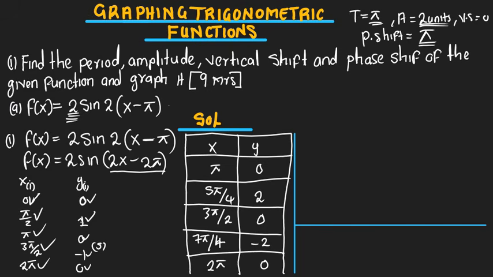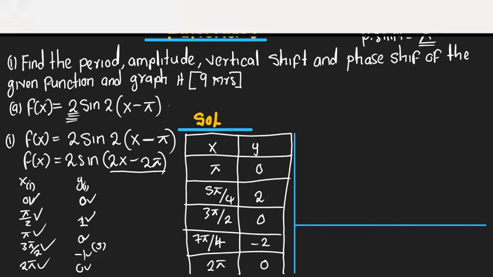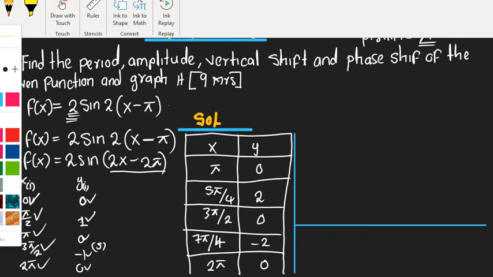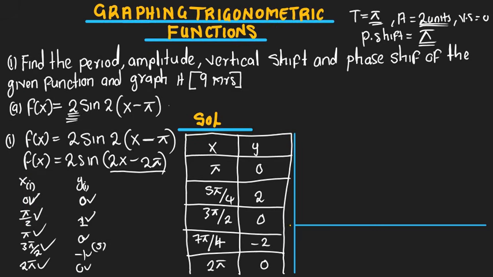So look at this. We started at, let me use this color, 0. Now look at this. I haven't used any of this, but my graph is going to tell me the highest point is positive 2.